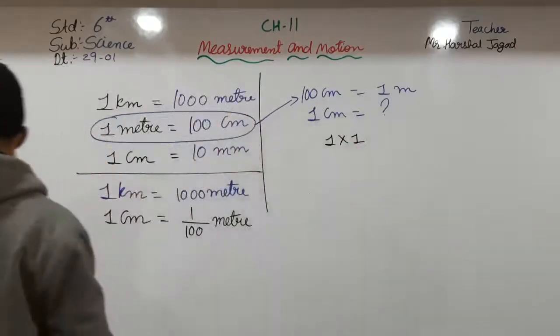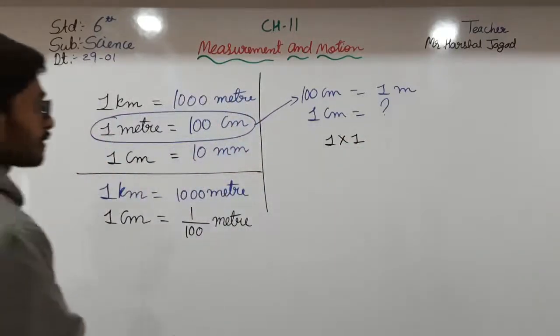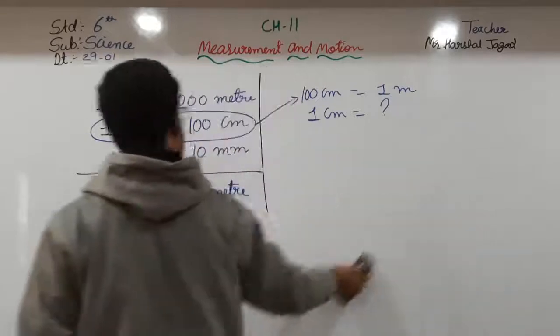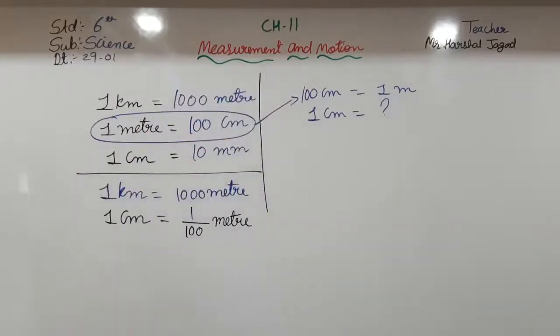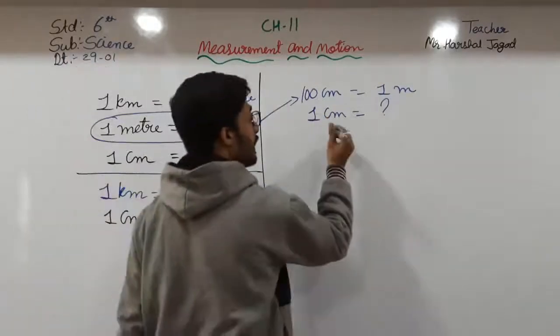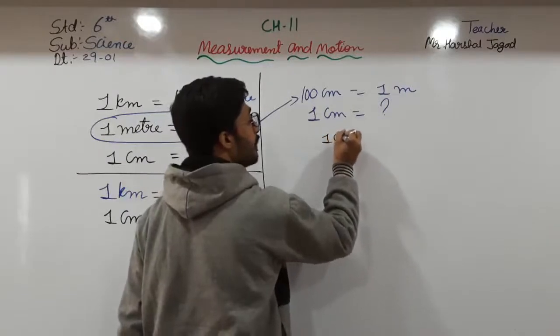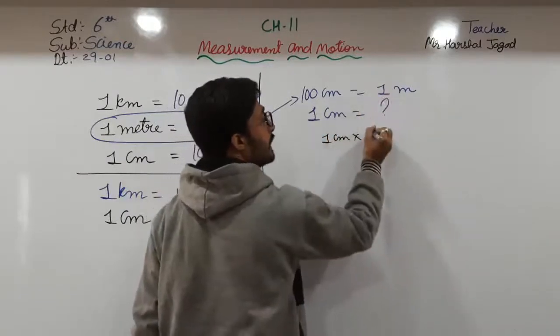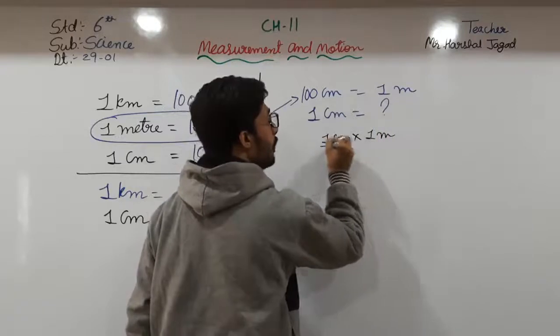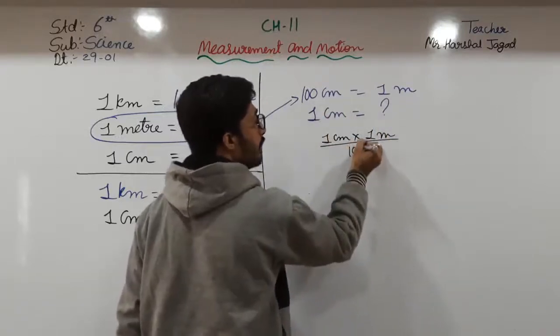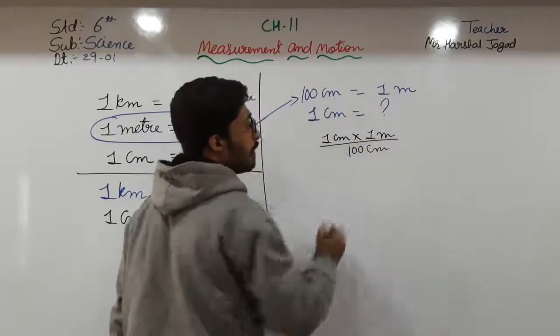Here I am just writing the units also, so you can understand easily. That is 1 centimeter into 1 meter upon 100 centimeter.